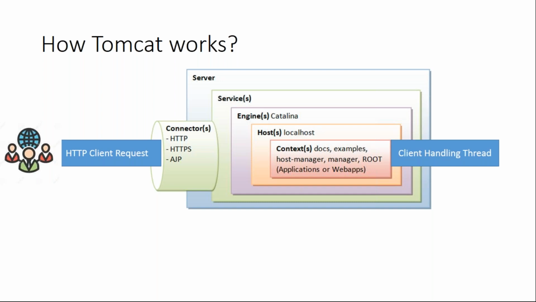So in this one, the hierarchy looks like this. The Tomcat server runs, but the server is nothing but a service on one particular port. When it is running on 8080 or some other port number, that service runs on top of the Catalina Tomcat engine.